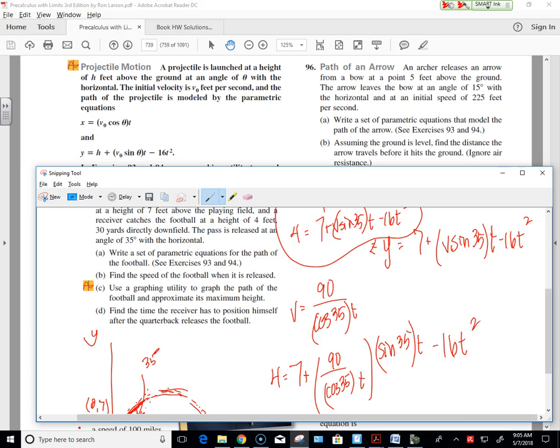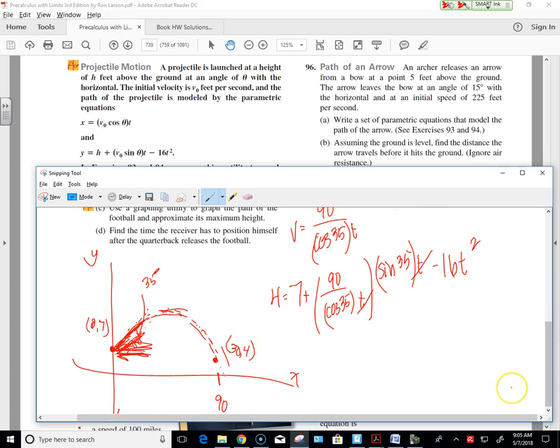Oh, hey! What happens to the t's? They cancel. Hey, what can I do with sine over cosine? Tangent. So actually, I can make this a little bit nicer. And hey, can't I move the 4 over to be with the 7? Right? I can combine some like terms. So I can end up with subtracting the 4. 0 equals 3 plus 90 tangent of 35 minus 16t squared.